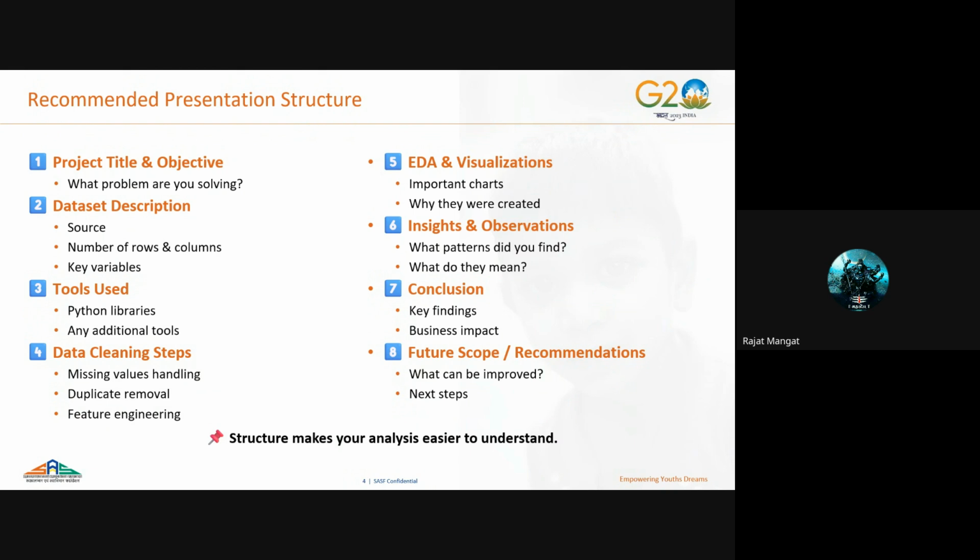What were the missing values? What are the different features? All these steps you have to mention clearly.